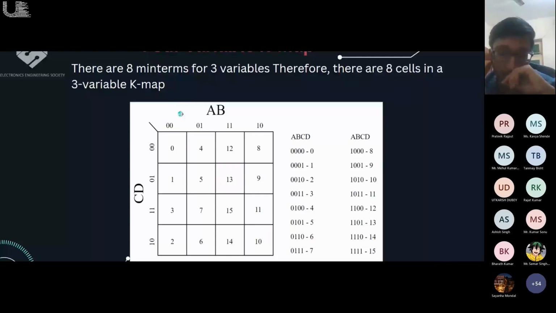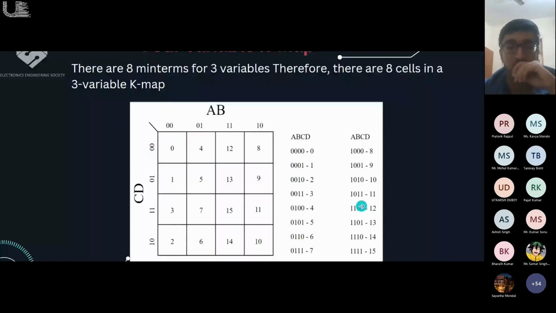Just unmute and say. 12. Yeah, who said 12? You're right. So 8 plus 4 becomes 12, right? So 12, 13, 15, 14. And in the final row, now you have 8, 9, 11, 10. Cool. Anyways, it was given here itself, so fine.